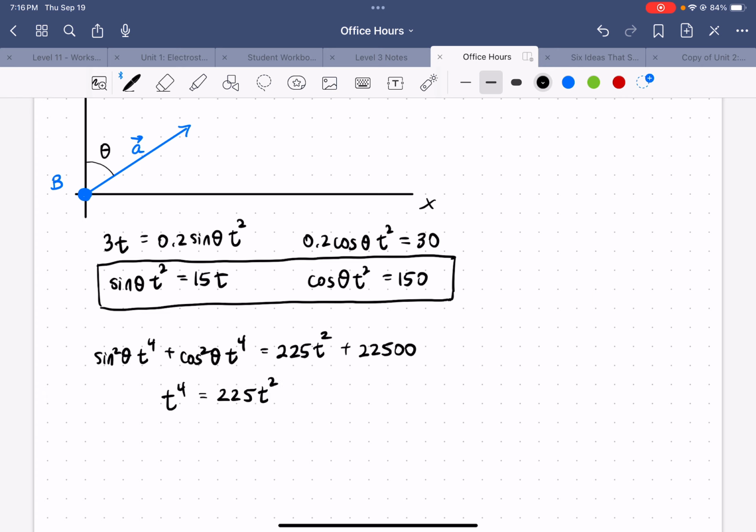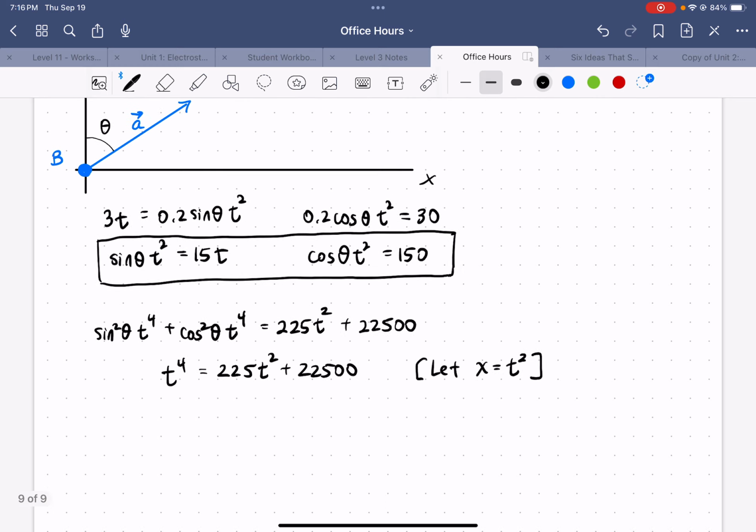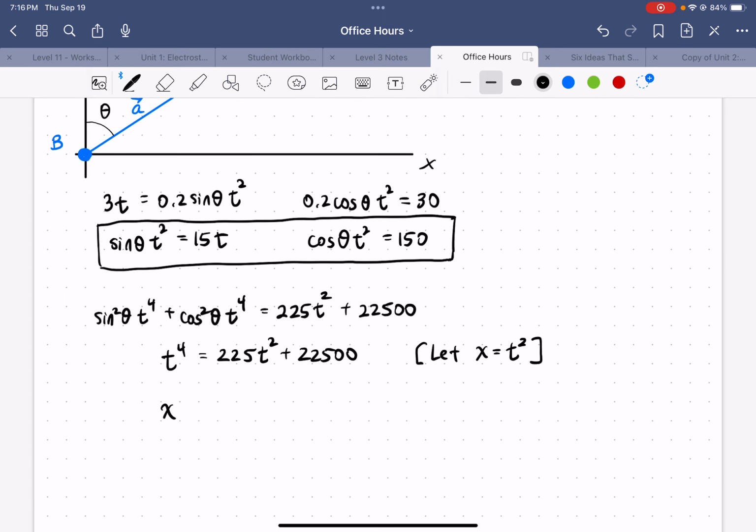So this equation is solvable if you realize that it is really just a quadratic equation with the variable t squared. So we can make a substitution. Let's say x equals t squared. So now we have x squared minus 225x minus 22,500 equals 0.